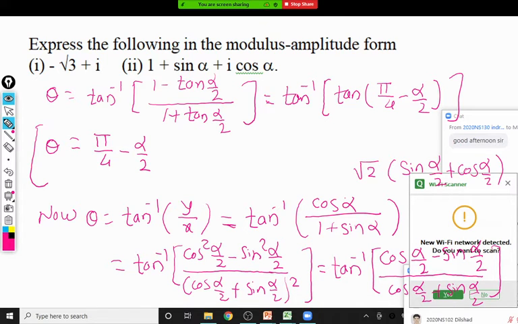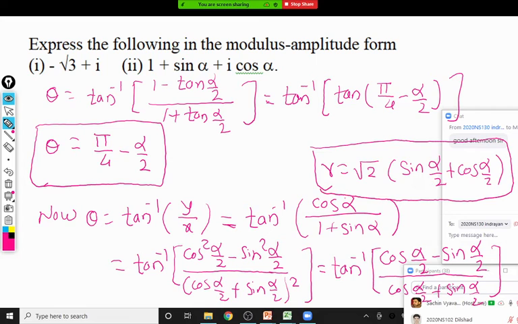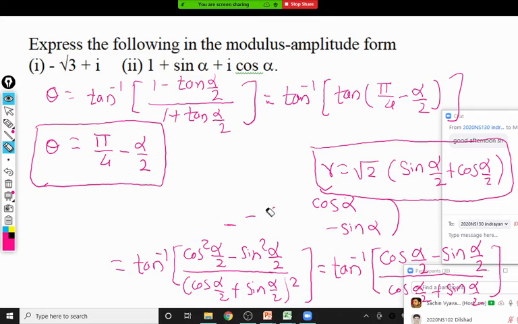So this is one of the important things that we received here, and previously we already calculated r. R is there, theta is there, and now we have to write the modulus amplitude form. The last step, let me write it here. That second last step I could not understand.